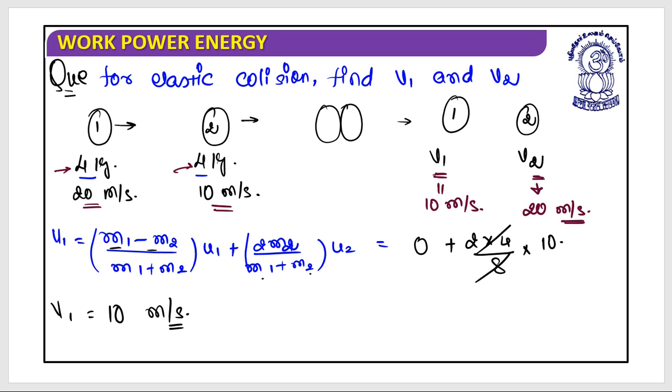So after collision they exchange their values. That is, the velocity of the first object is the initial velocity of the second object and vice versa. Is it clear?